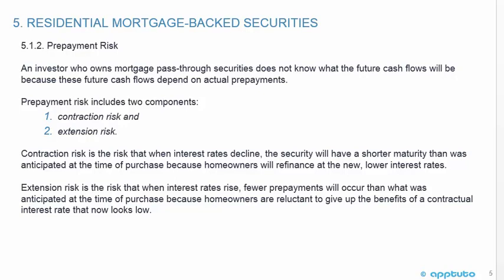Extension risk is the risk that when interest rates rise, fewer prepayments will occur than what was anticipated at the time of the purchase, because homeowners are reluctant to give up the benefits of a contractual interest rate that now looks low.